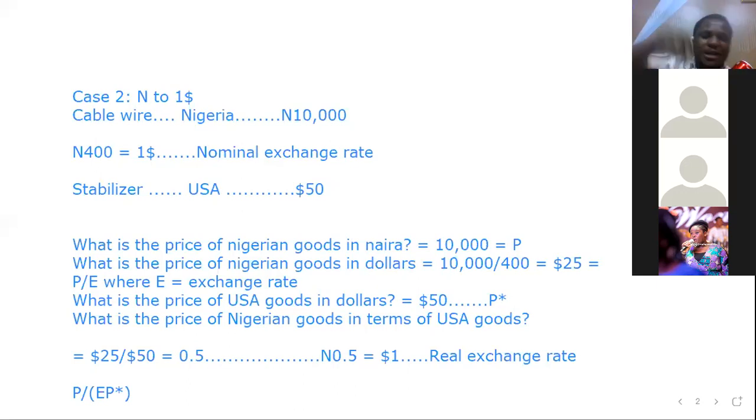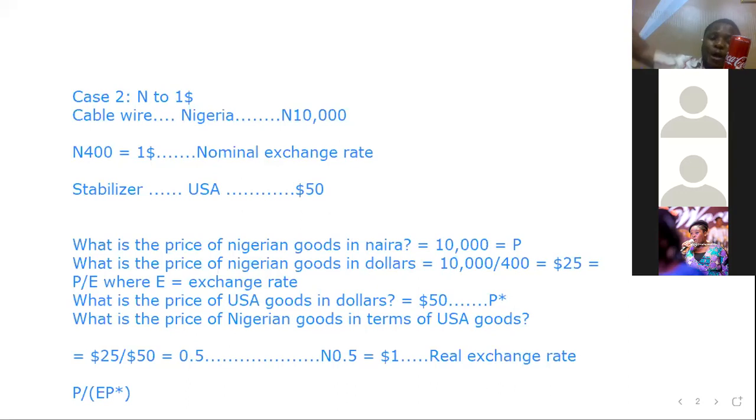That is my real exchange rate. This is more or less like barter system, trade by barter. How many cables do I need to get one stabilizer there? With this real exchange rate, it's telling me I need two cables to get what?